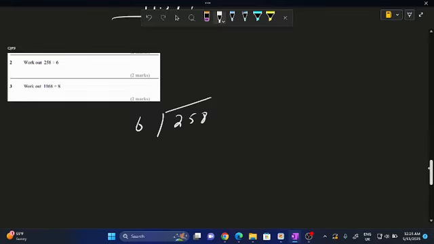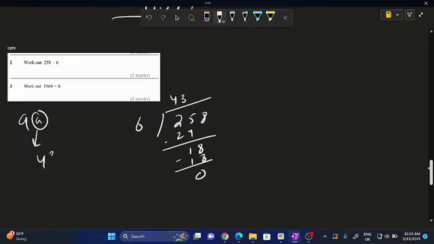And 6 times 4 is 24. So 6 times 4 is 24. Subtract the terms, 18 would be there. And 6 times 3 would make 18. 18 minus 18 gives you 0. So your final answer for question number 9A would be 43. That would be the answer at the top.